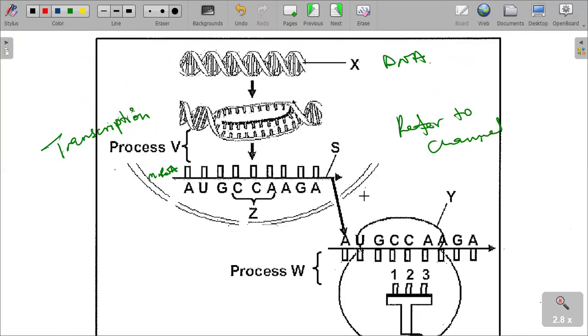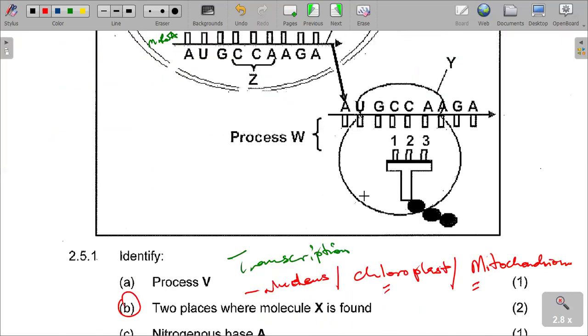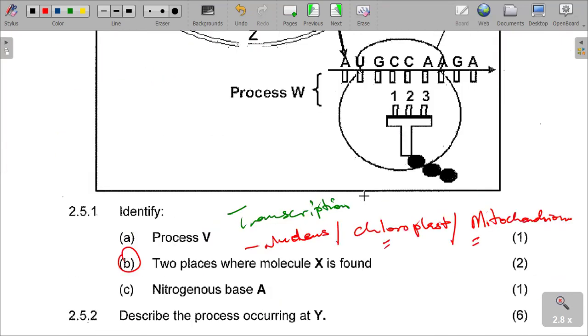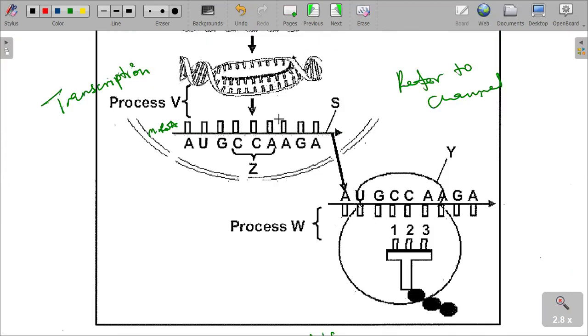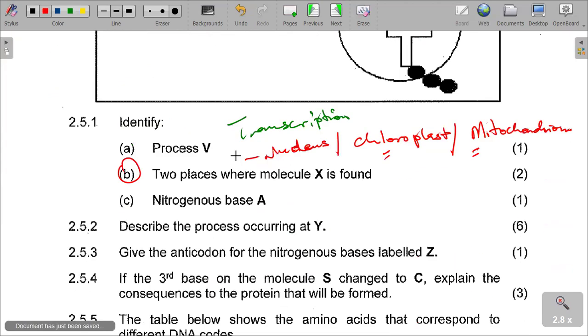They are just saying, what does A represent in terms of our nitrogen bases here? It's A, U, G, C. So what is A? A is adenine. Adenine, guanine, cytosine, and uracil. I mean cytosine and thymine. So A is adenine.